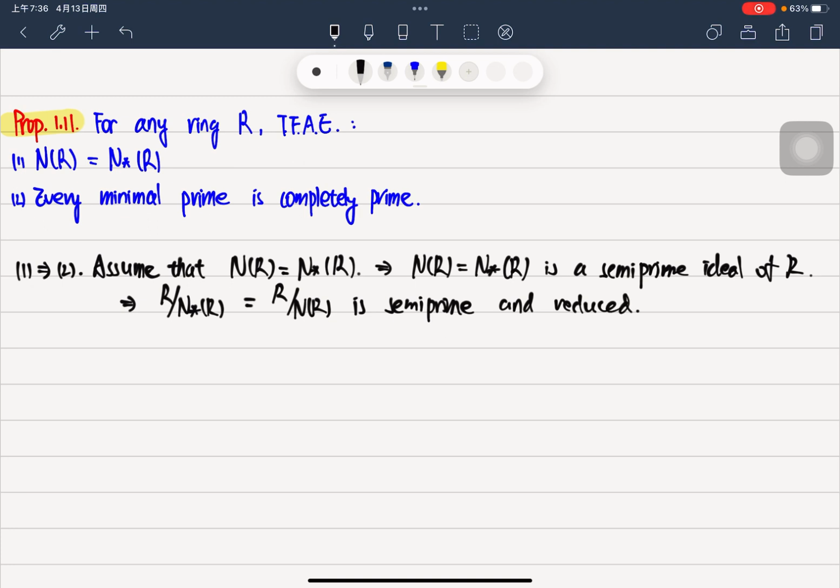And then reduced means symmetric. This one is symmetric.